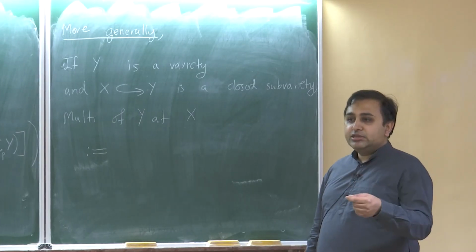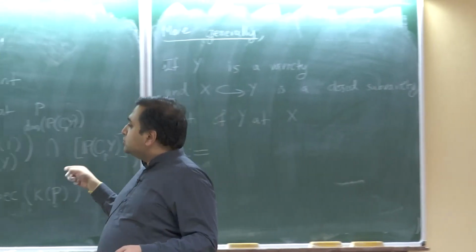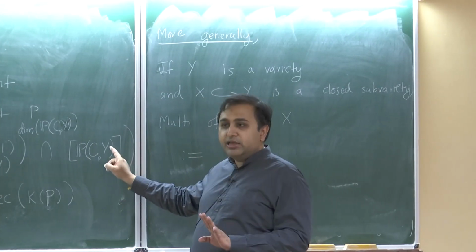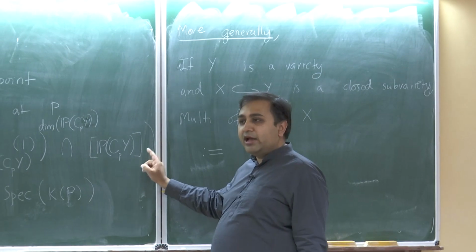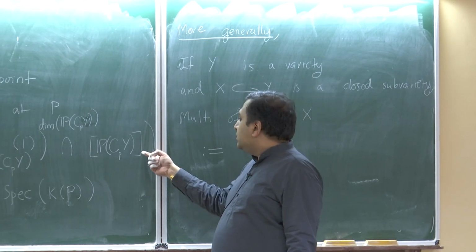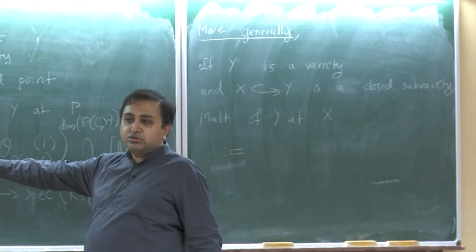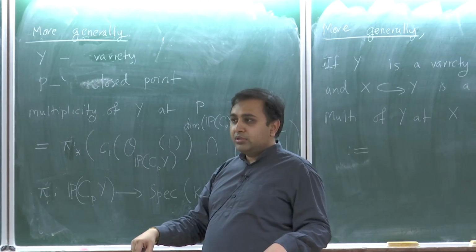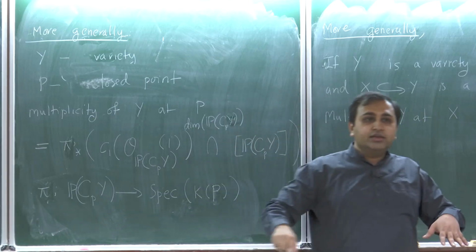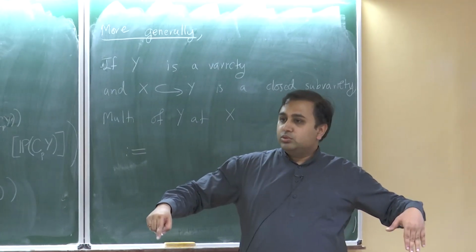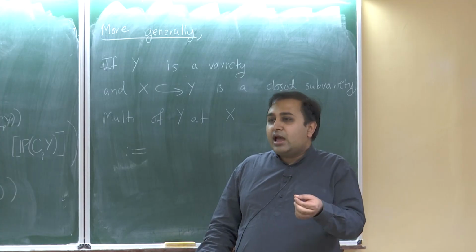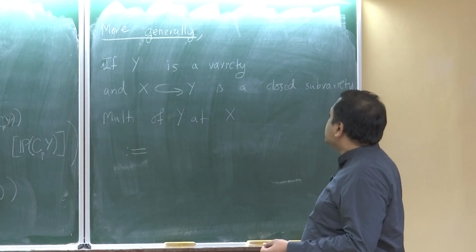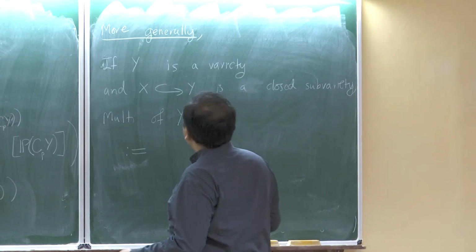I should really do this whole calculation, but instead, I take the normal cone of Y at X. And when I do this entire calculation of the Segre class, where do I end up? I end up on X. I get a class on X, but do I really care about the whole thing? No, I should only be looking at what is happening at the generic point.